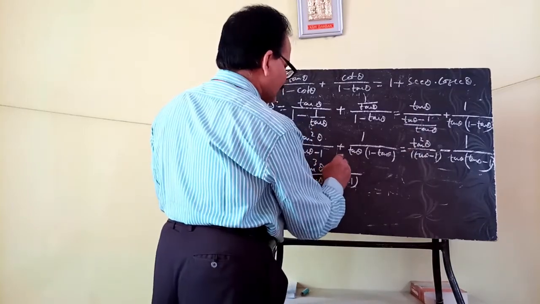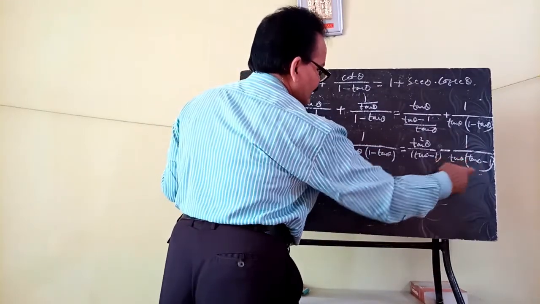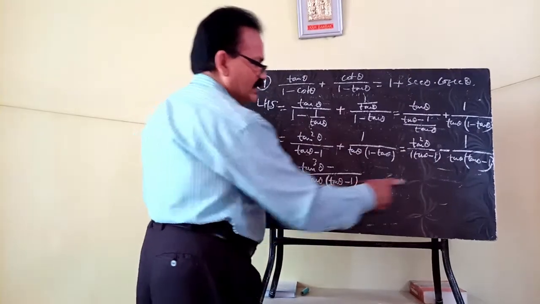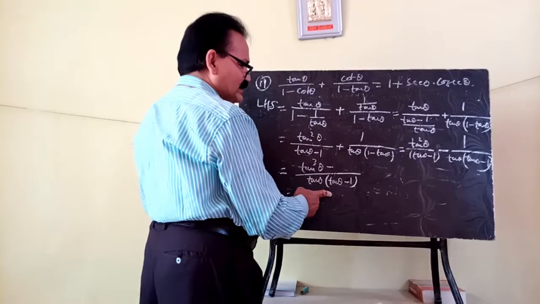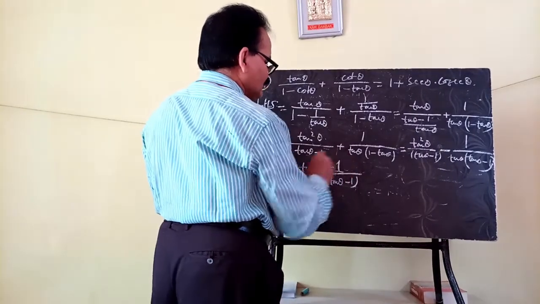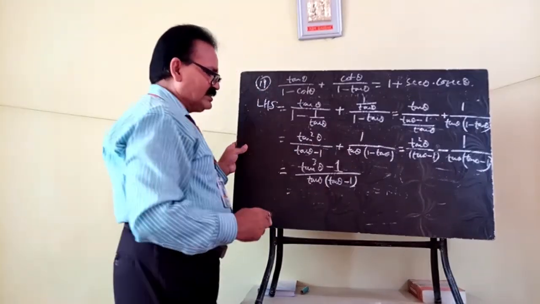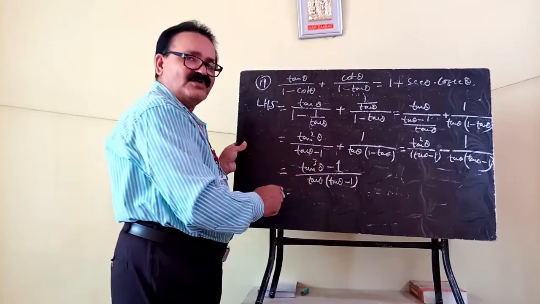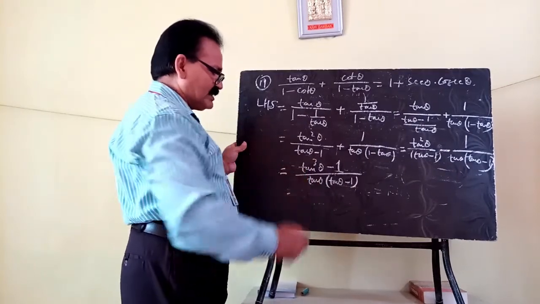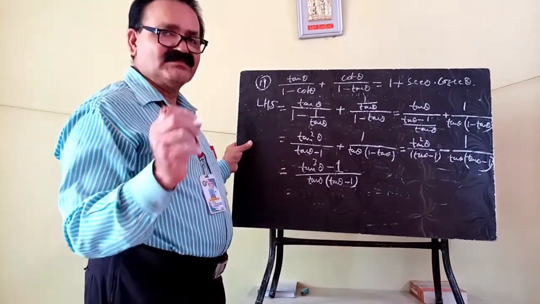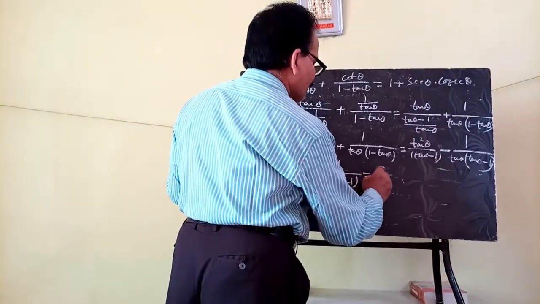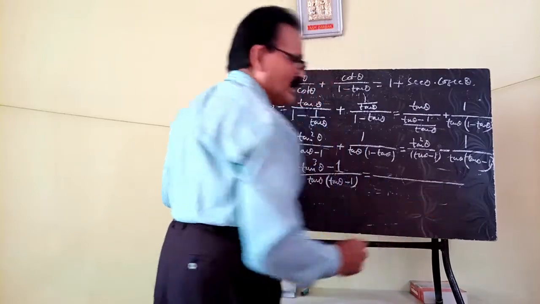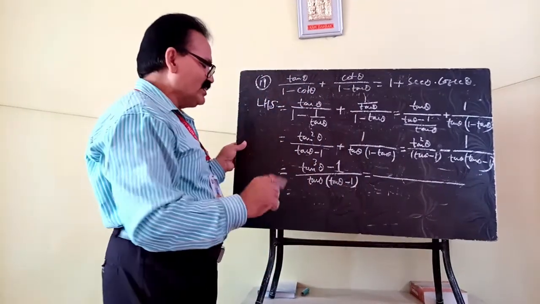And here this minus, and the same LCM, like here in the denominator of the right side it is the same as this LCM, so this will be your minus 1. Now the numerator will be in the form of a cube minus b cube. Tan cube theta minus 1 can be treated as a cube minus b cube. So for that you have to apply the formula for the factorization of a cube minus b cube.